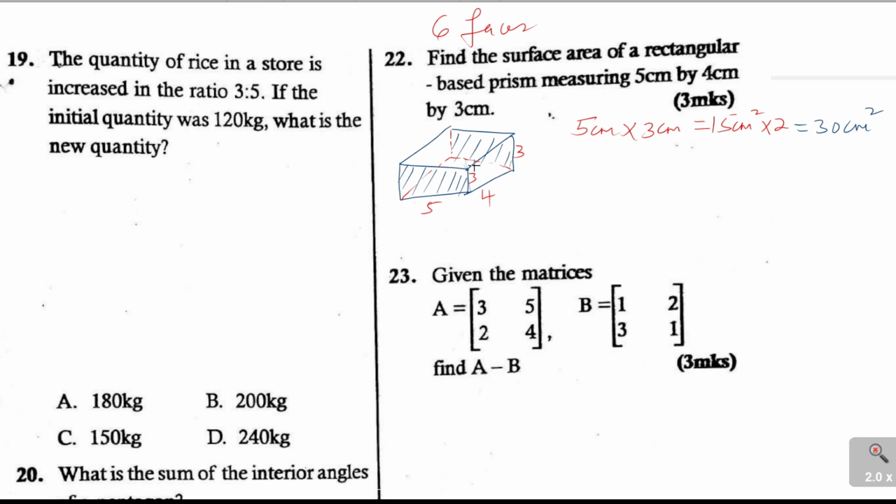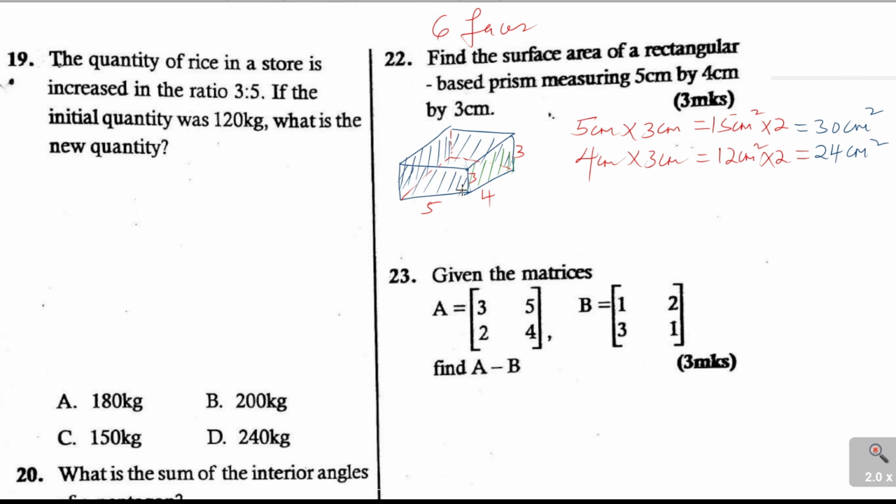We go to the other face. So the other face is this, that is here, measuring 4 centimeters by 3 centimeters. So this will give 12 centimeters squared. And then you multiply by 2 because of the other that is on the other side. So that will give 24 centimeters squared. Now the one that is remaining is the bottom one.